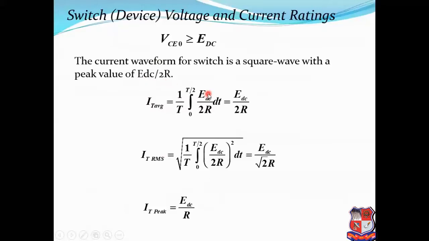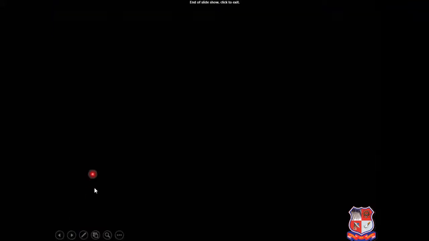The average thyristor current will be VDC by 2R. Why? Because one thyristor is conductive for half of the period, that means 0 to T by 2, or else it will conduct for the T by 2 to T period. Now, the RMS thyristor current will be VDC by root 2R, and the peak value of the thyristor current will be VDC by R. So, here I conclude my lecture.